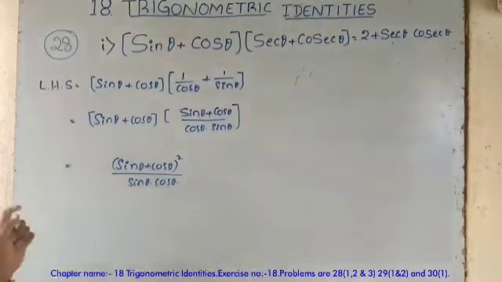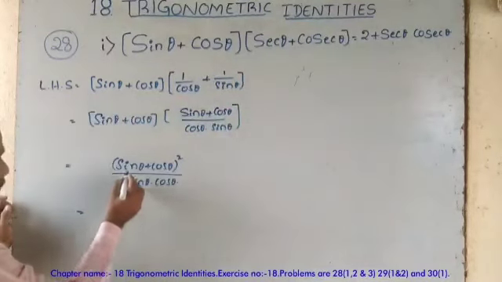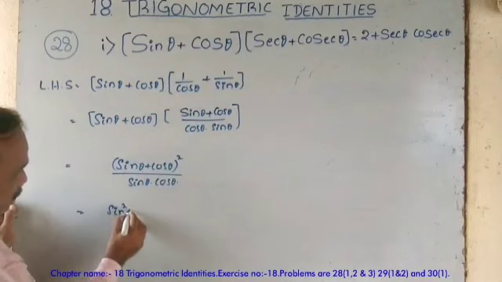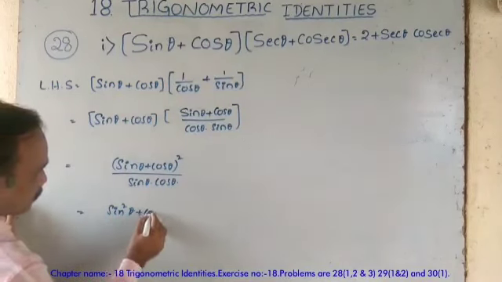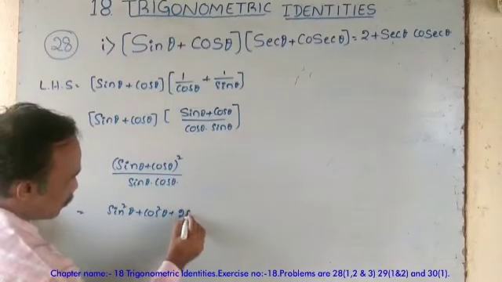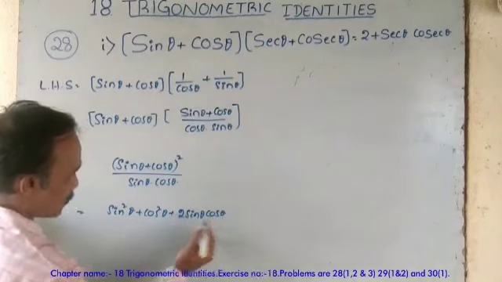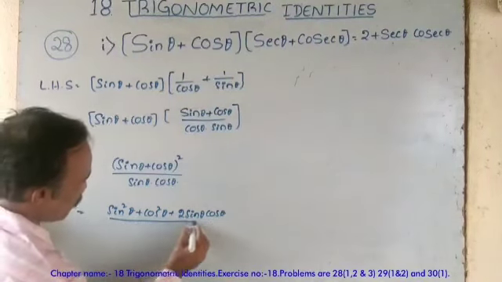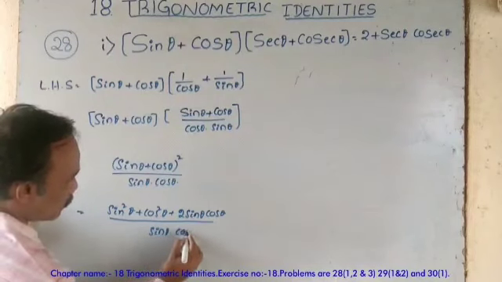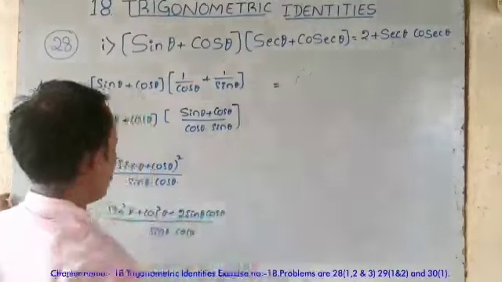Now we expand this in the form of (a plus b) whole square: a square, sin square theta, plus b square, cos square theta, plus 2ab, 2 into sin theta into cos theta, whole divided by sin theta into cos theta. So here I will continue.